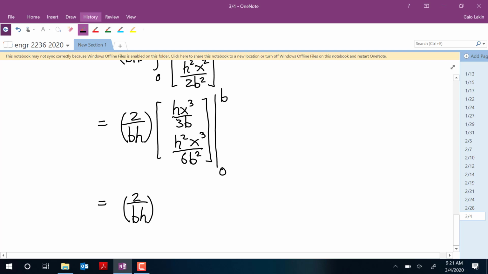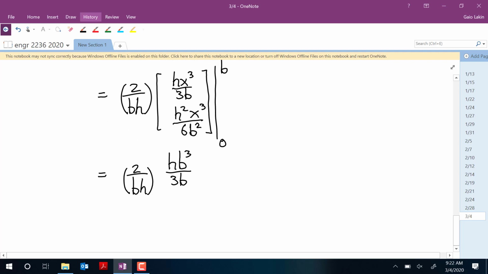Plug in these values. If you plug in 0, you get nothing. So all we have to do is plug in b. So we get hb cubed over 3b for the x component.